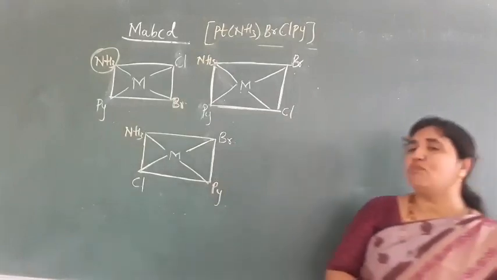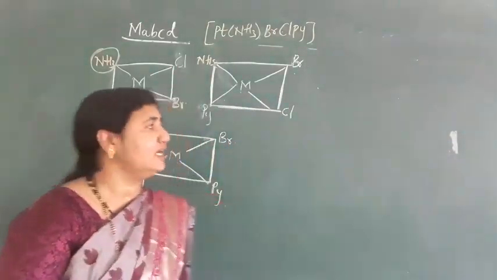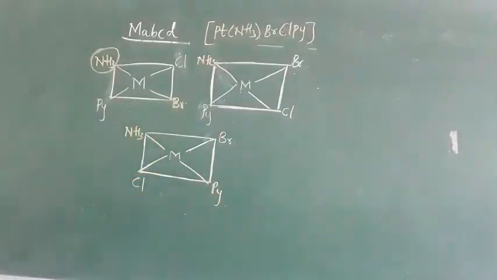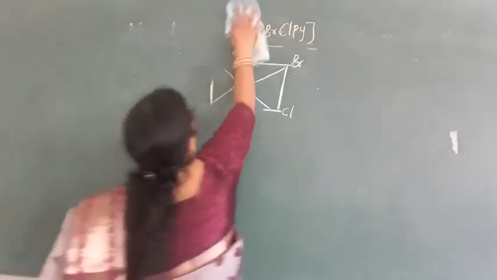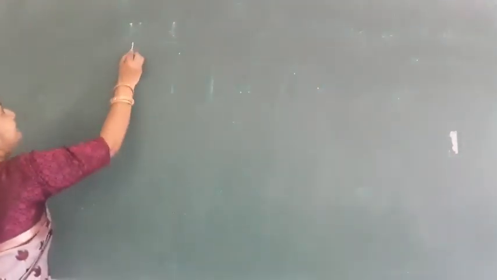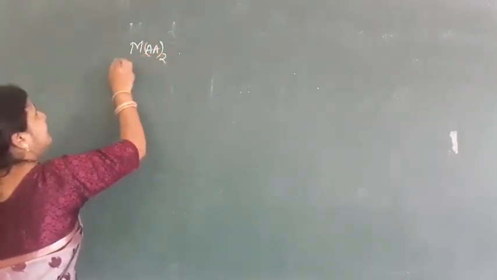This is all for monodentate ligands. For bidentate ligands also we can draw the structure. For bidentate ligand, how will it be? Here we have M(AA) twice. This is a bidentate ligand, that means a similar ligand will be there.